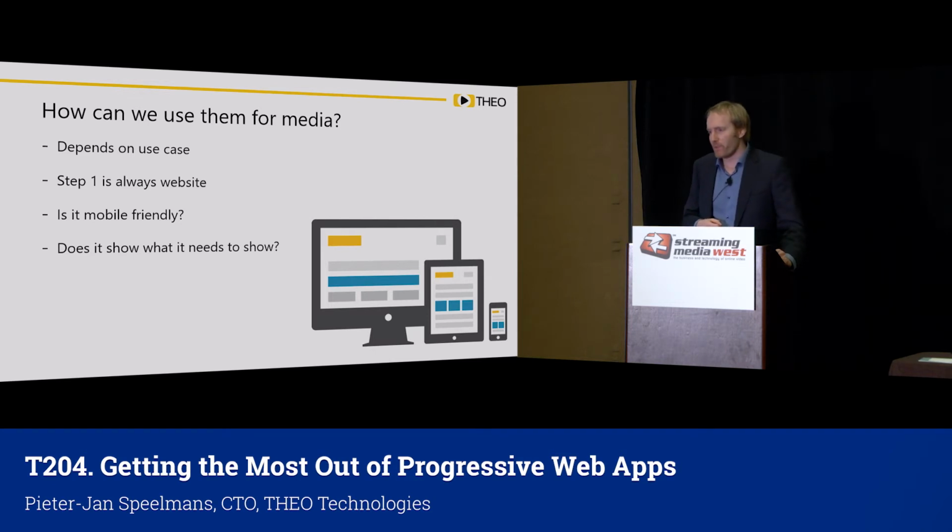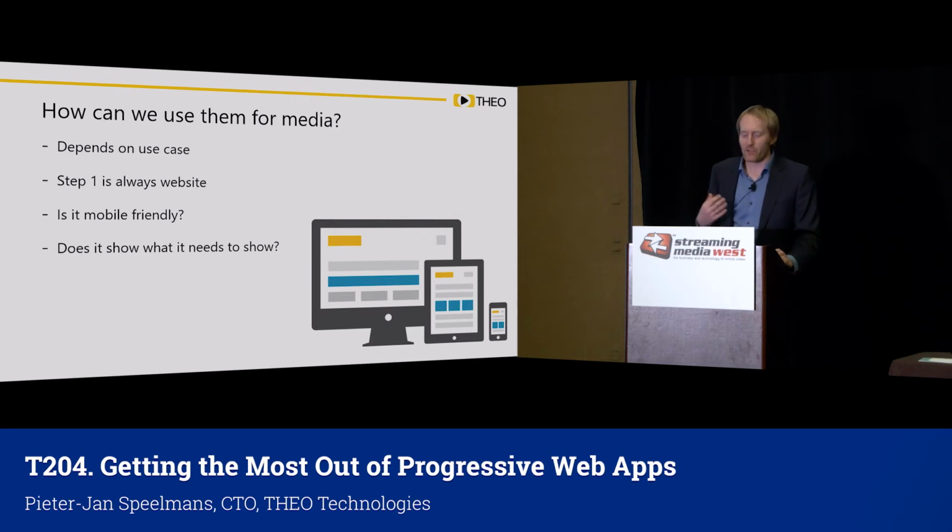And unless you've not been updating your website for the last decade, you probably have made your website more user-friendly. It's probably responsive already. You just need to figure out, is it really showing what you want that application that you're going to make? Is your mobile website already showing what you want it to show?